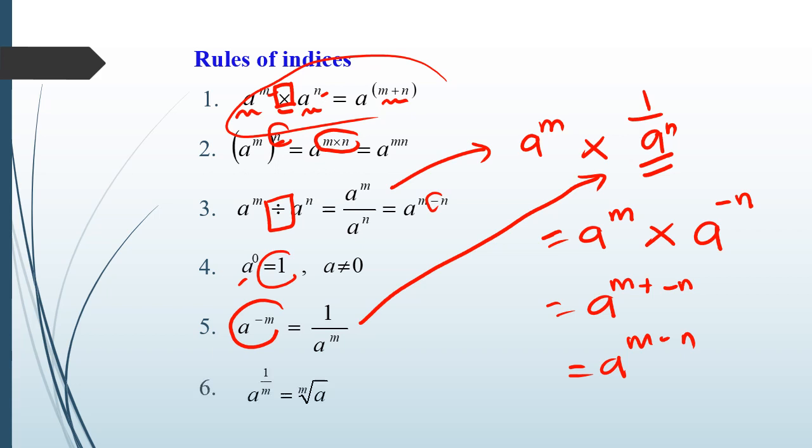And the last one, a to the power of 1 over m is equal to the m-th root of a. So it can be any value, this m. So number 7, so we have here a to the power of m over n equal to the n-th root of a to the power of m.